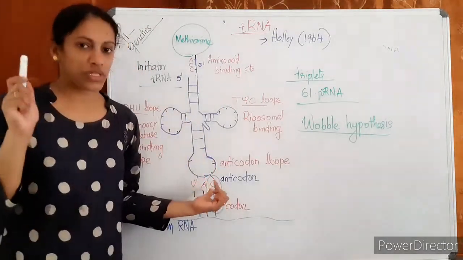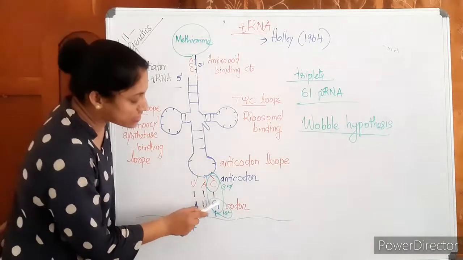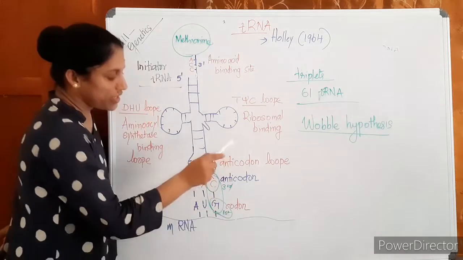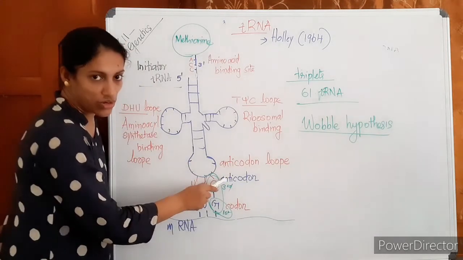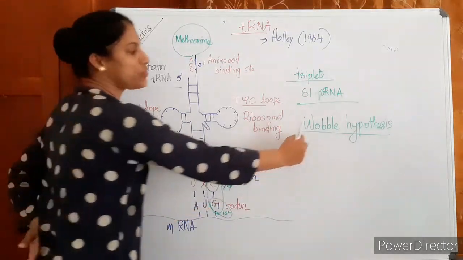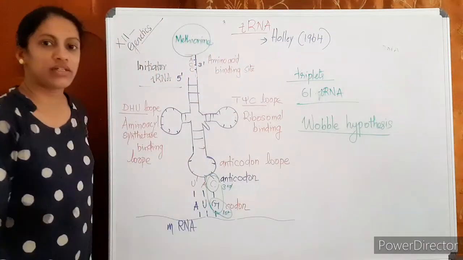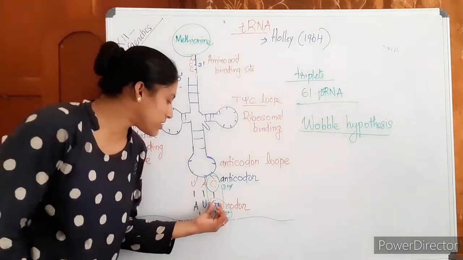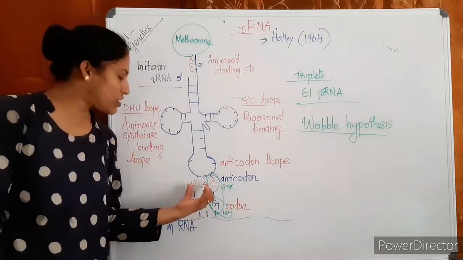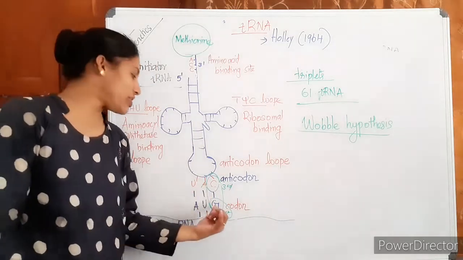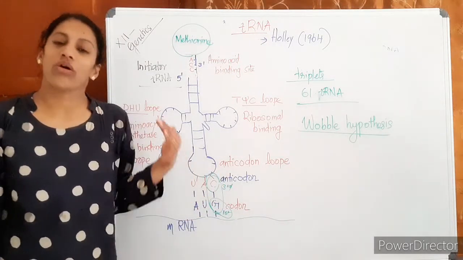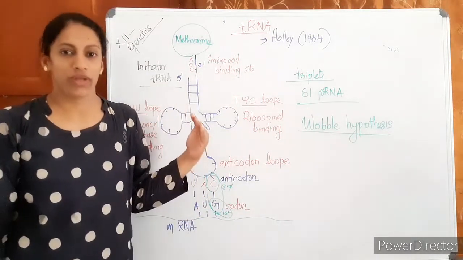According to the Wobble hypothesis, the first nucleotide of the anticodon, which pairs with the third nucleotide of the codon, can pair non-complementary. That is what the Wobble hypothesis says. That means it is not a must for C to come here to bind with G. These two are not always highly specific. In order to bind with G, C is not compulsory there. It can also pair non-complementary.